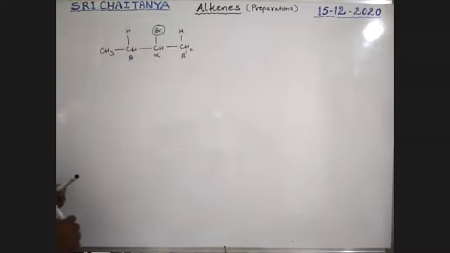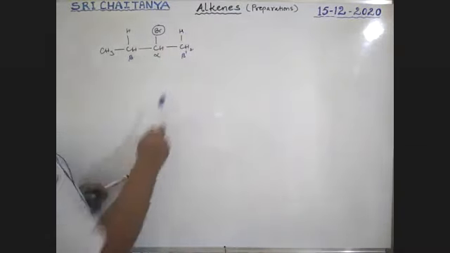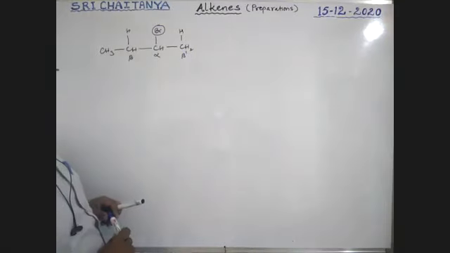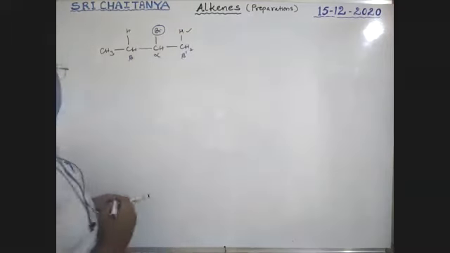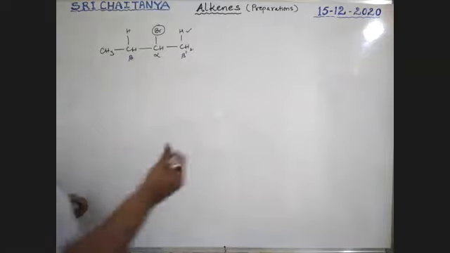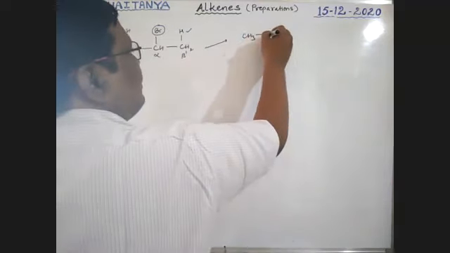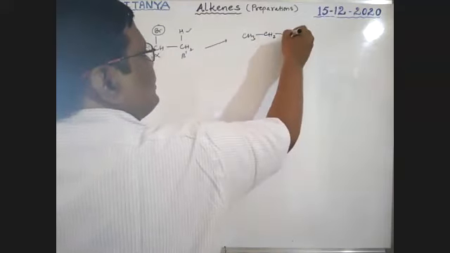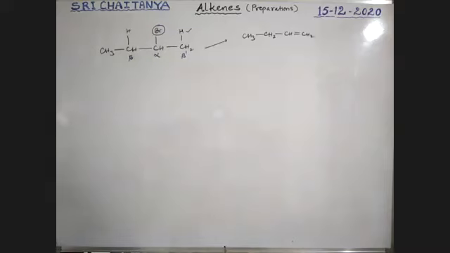Hydrogen may be eliminated from here or here, since beta hydrogen elimination is possible at both. If this hydrogen is lost, our product is CH3, CH2, CH double bond CH2, that is 1-ene.